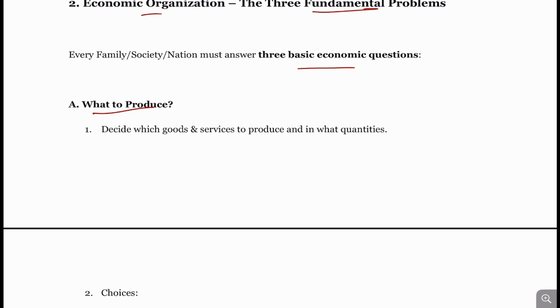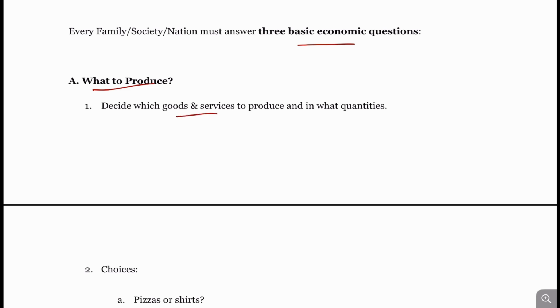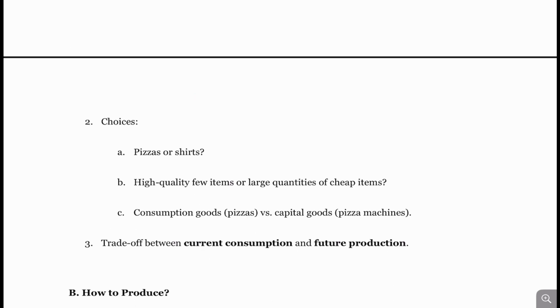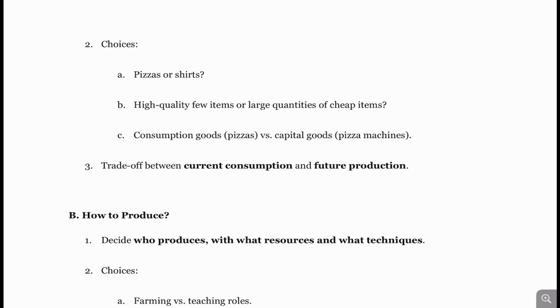Be it a company or a business, or be it a government, every decision maker faces the same issue: what to produce, which goods or services need to be produced, and in what quantity. Should we go for pizza or shirts? Should we go for reducing the hunger of the people, or should we go for luxurious items?